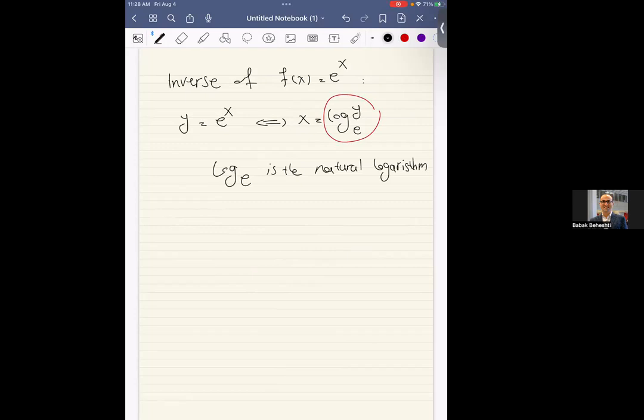And we have a special symbol for natural logarithm. We usually write ln to denote log e, the natural logarithm.